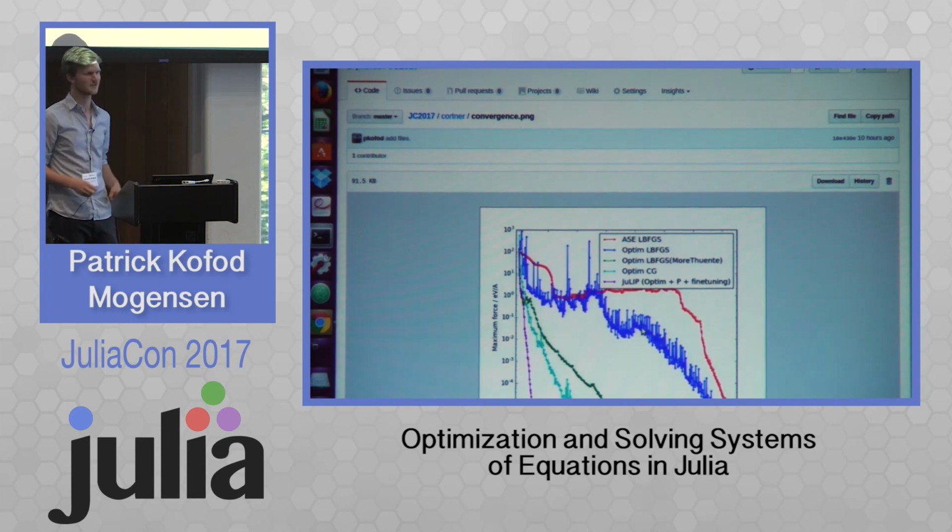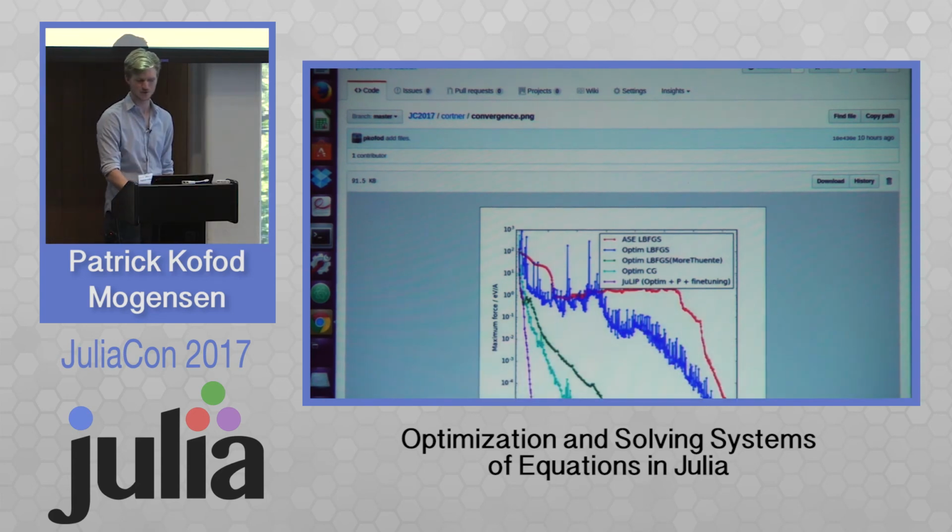I mean, not the effort of people, but energy from power plants for doing these analyses worldwide. So a lot of power. Being able to reduce the number of force evaluations can really affect power consumption, but also what types of analyses you can do. So what he did was he tried to use this ASE, which is the standard software that a lot of people use, and then he tried to formulate the problem using Optim instead.